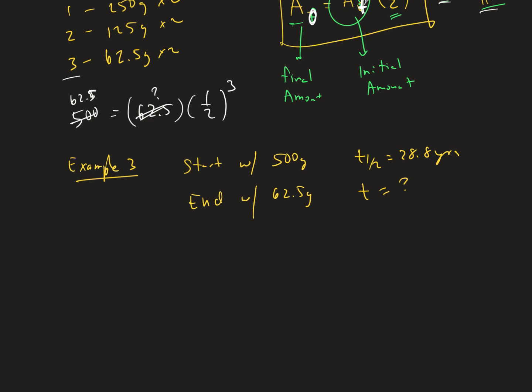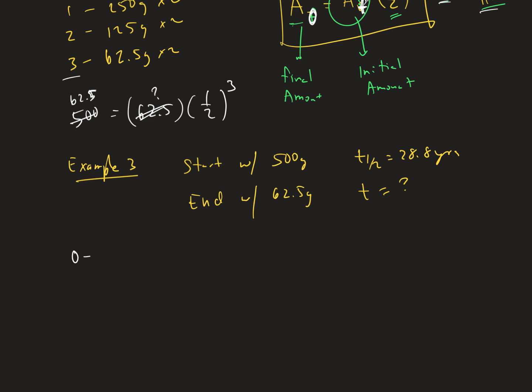Are we good with what's going on in this problem? Time, yeah, time. T, so this is T 1/2, that's the half-life. So we're just looking for how much time has passed to go from here to here. Good? So I set it up exactly the same way.